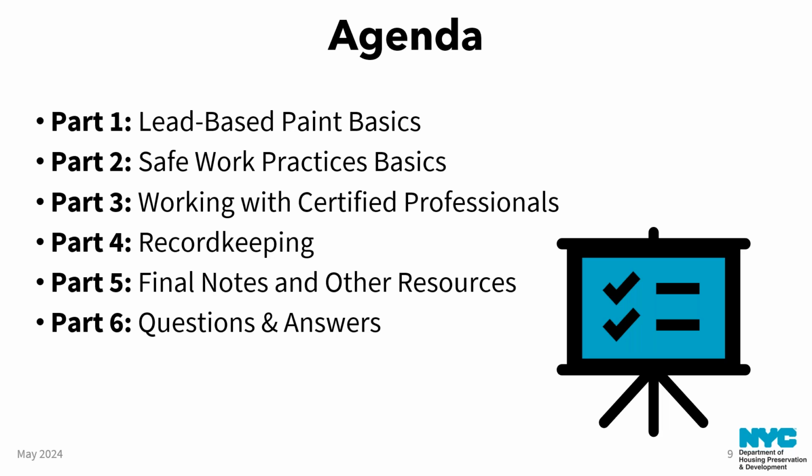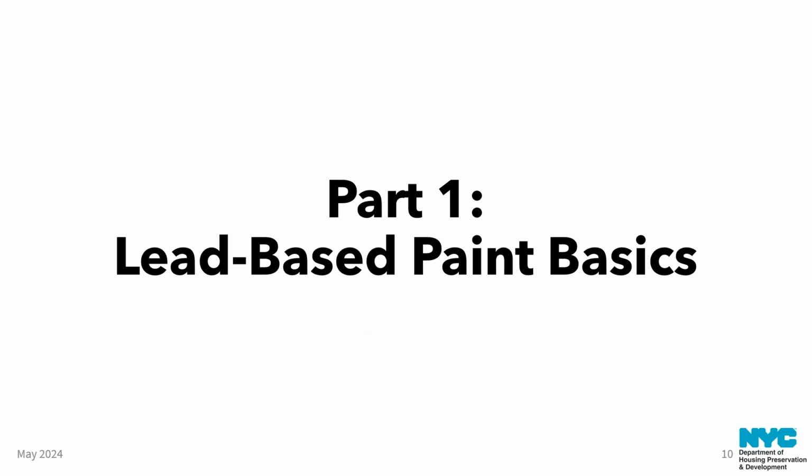Then we're going to talk about record keeping. There is a requirement to keep records of lead-based paint activities in New York City's Local Law 1. So we'll get a little bit into what that's going to involve. And then at the end, we'll share some additional resources and notes, and we will have time for questions and answers at the end.